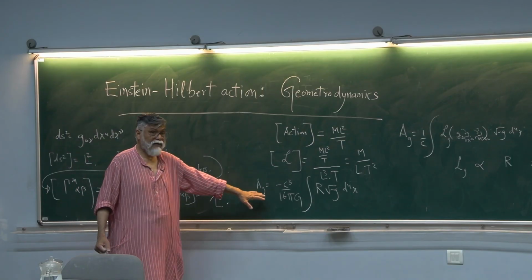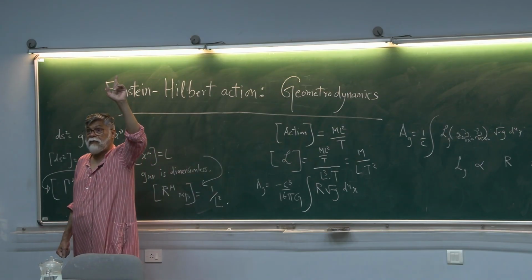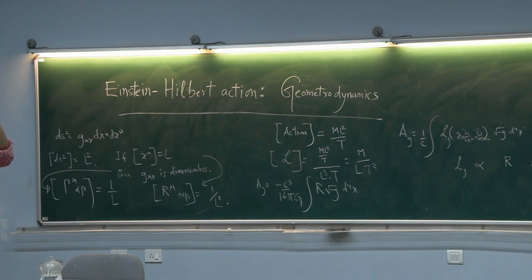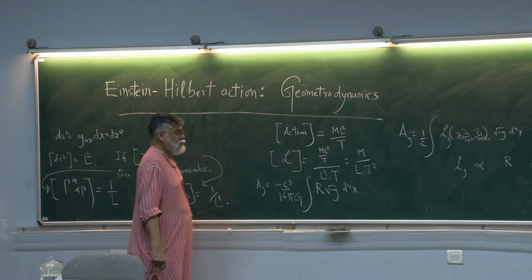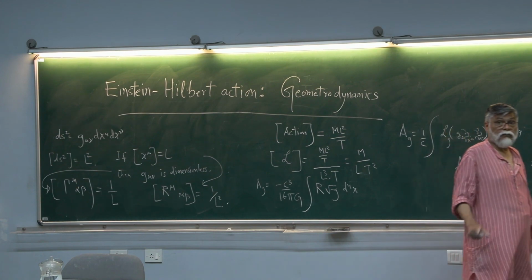The 16 pi factor I have to put so that in some limit I get back my Newtonian gravitational equation, that Laplacian of phi is 4 pi G rho. If I want to get that, I need the factor 16 pi. You might say, what about the negative sign? Negative sign because the action must not blow up to infinity.